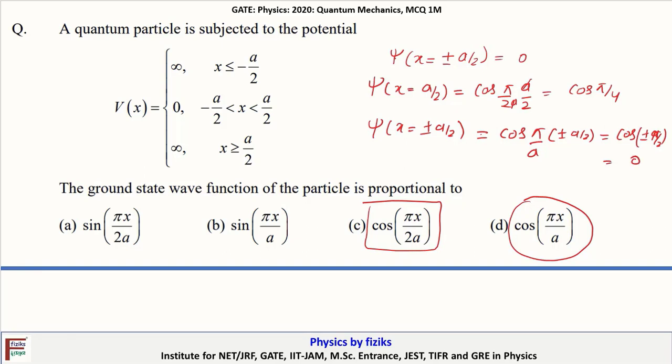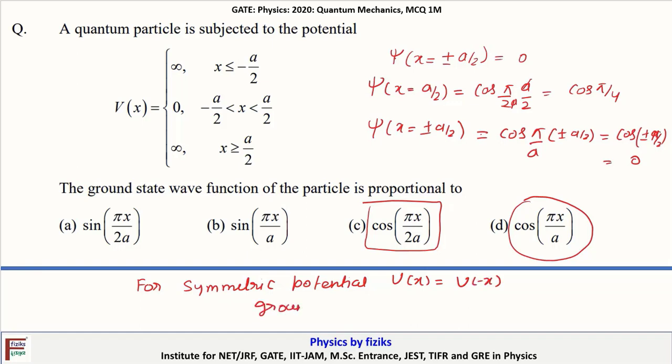Now you would be asking one question: why did I start with the cos term, not the sin term? You can write this condition for symmetric potentials, V of x equals V of minus x.